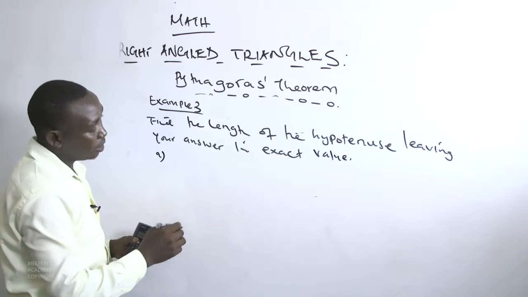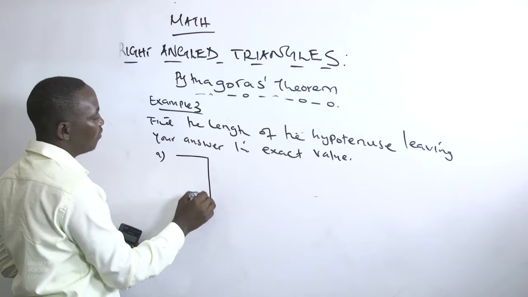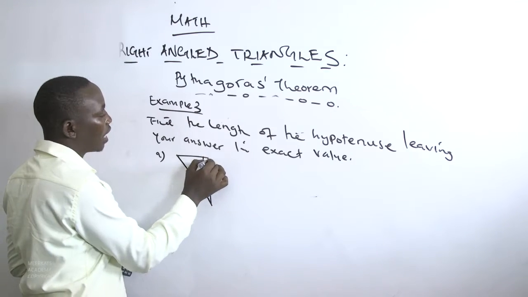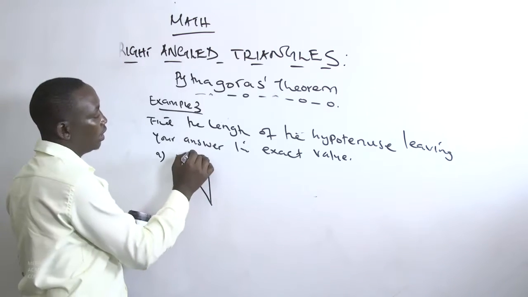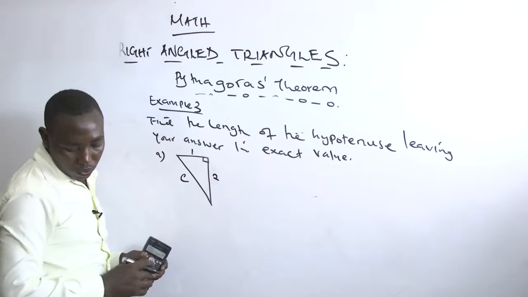Part A of the question, we have this right angle triangle where this is 1, that is 2, and we need to get c.